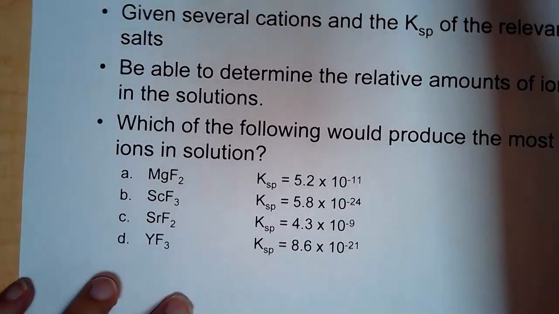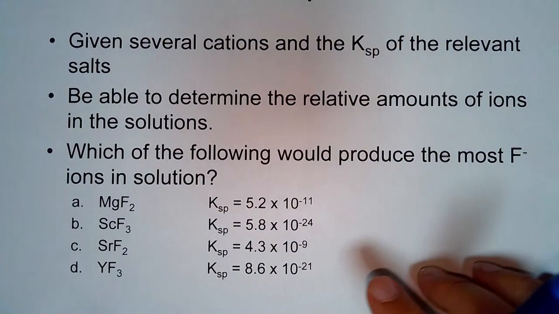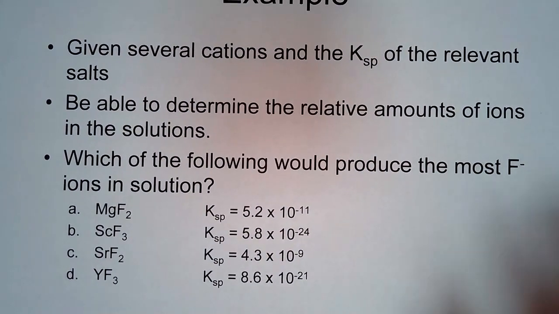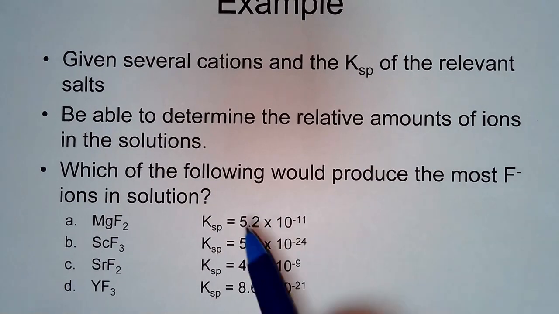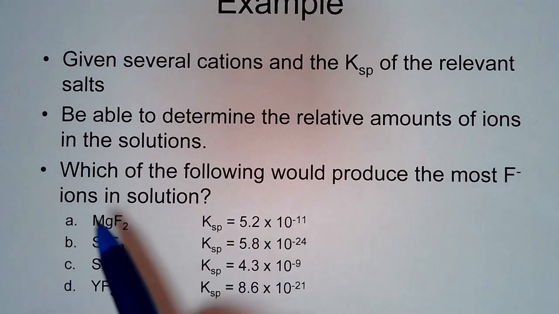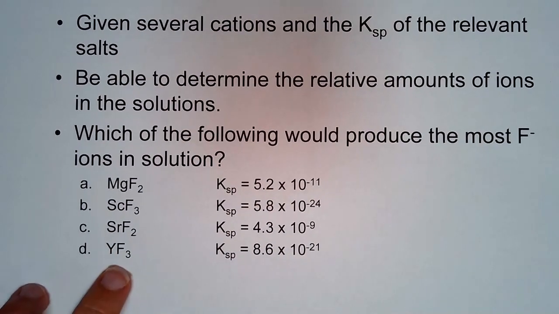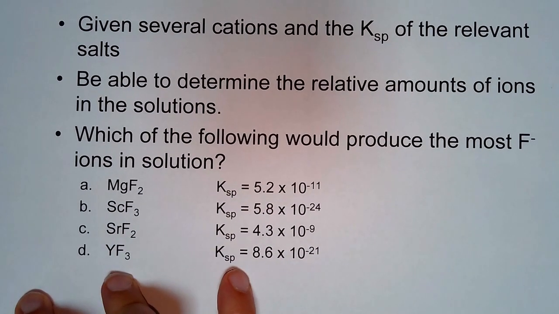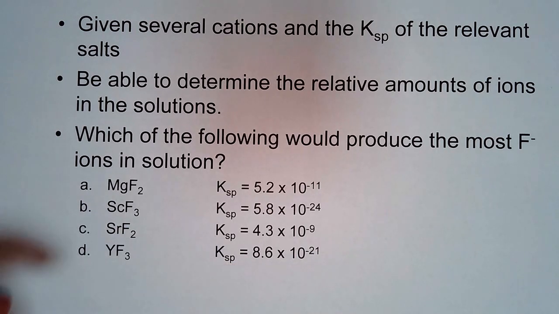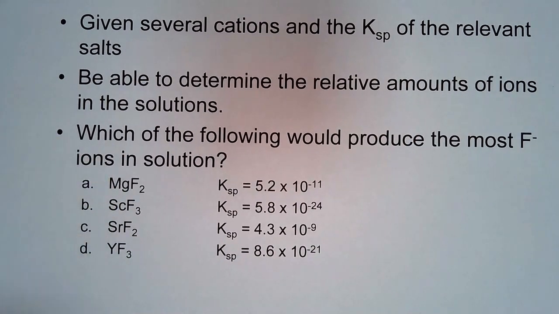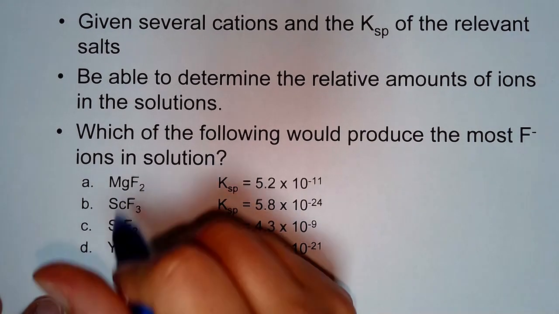Which of the following would produce the most F minus ions in solution? Alright, so we have 4 different compounds. We have different Ksp values. Since they break down into different numbers of ions, though, we can't just compare it based on Ksp. But if we look at these, A and C have the same number of ions, and B and D would have the same number of ions.